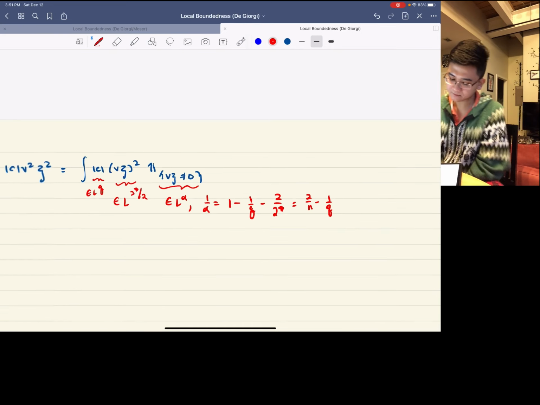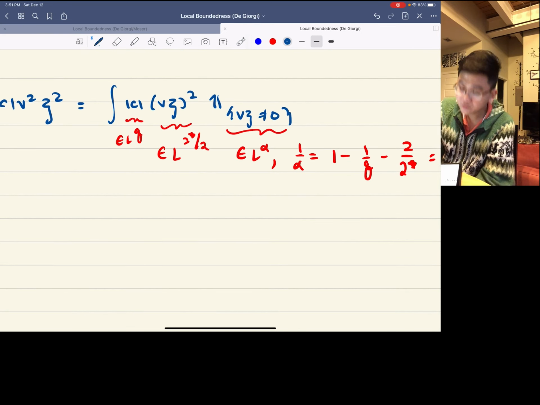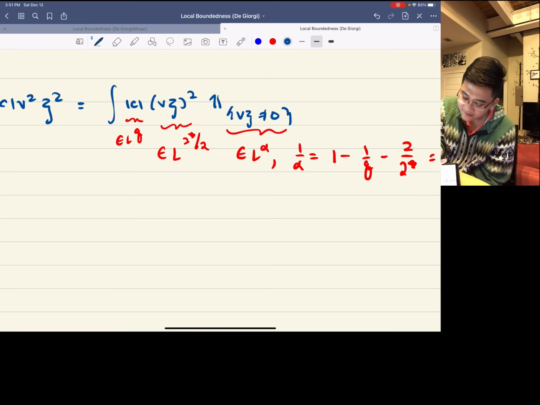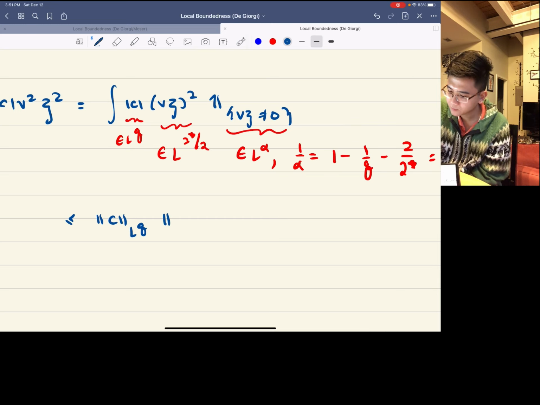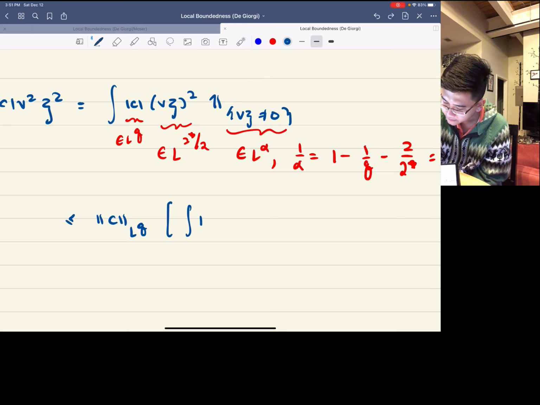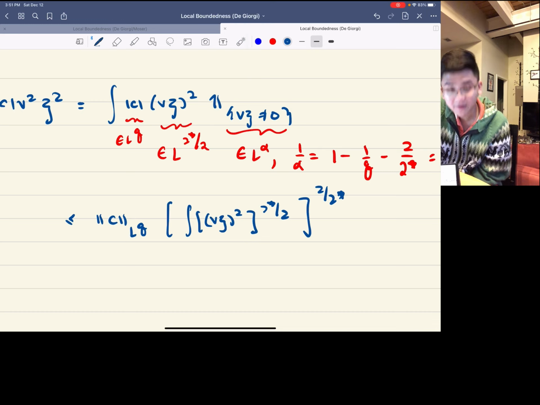Okay. So with those, we use Hölder's inequality. So this is less than or equal to the LQ norm of c times, what would this be? So I have the integral of v zeta squared raised to 2 star over 2, to the power 2 over 2 star.